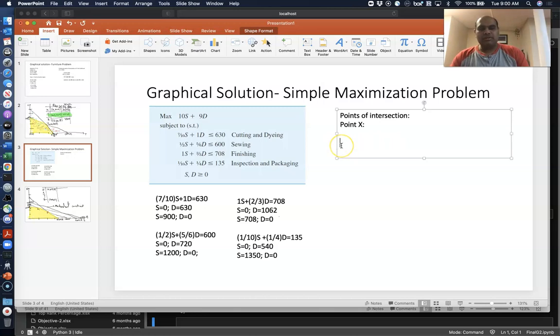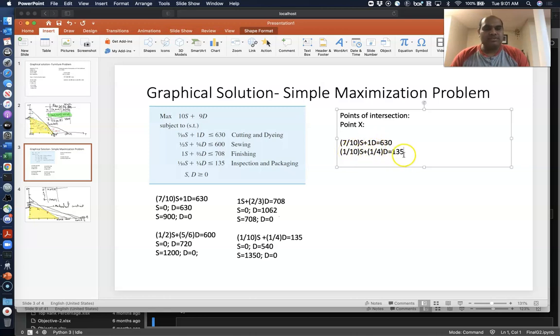So X is the point of intersection of the first straight line, 7/10 times S plus 1 times D is equal to 630, and the final straight line, which is 1/10 times S plus 1/4 times D is equal to 135. We have a couple of options here. We can either make the coefficient of S the same, or make the coefficient of D the same.